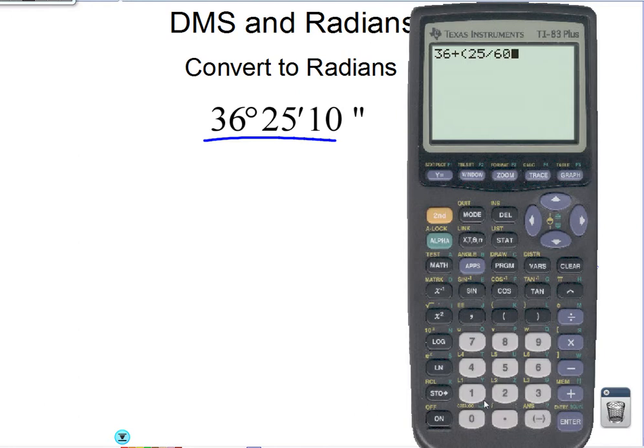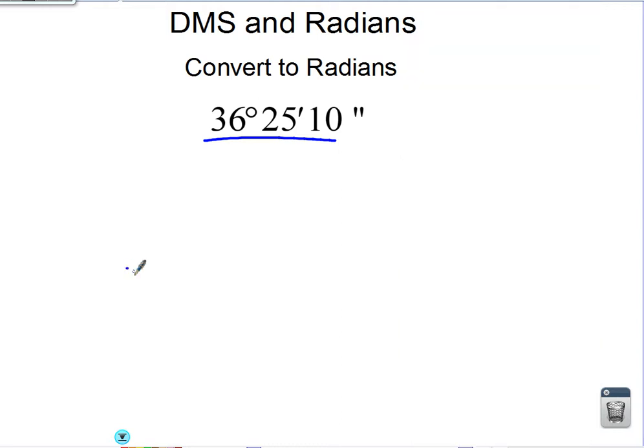It's not an entire degree, it's that fractional part of another degree. And then 10 seconds, that's a very little part of another degree. That would be 10/3600ths of a degree. So we have 36.419. I'm going to leave that on my calculator so I'll end up with an exact answer. So it's 36.419 degrees.